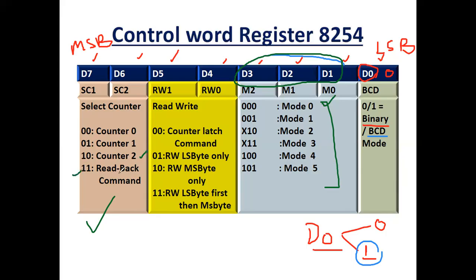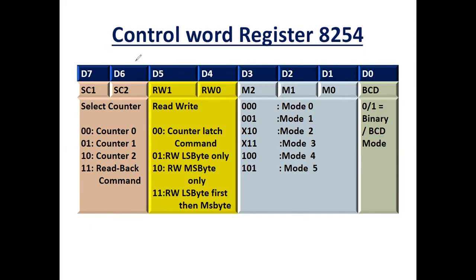If the value is 11, then this is the read back command. So on the basis of the values written over here, the counter number, operating mode, binary mode, BCD mode, read command, write command, all these things can be governed.